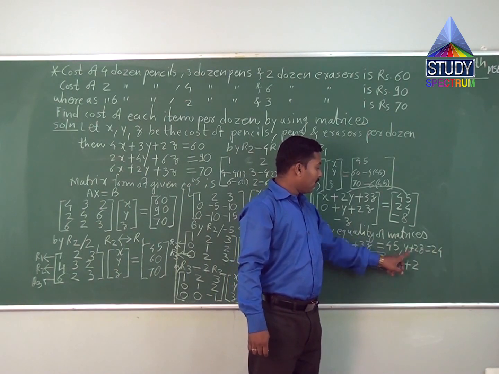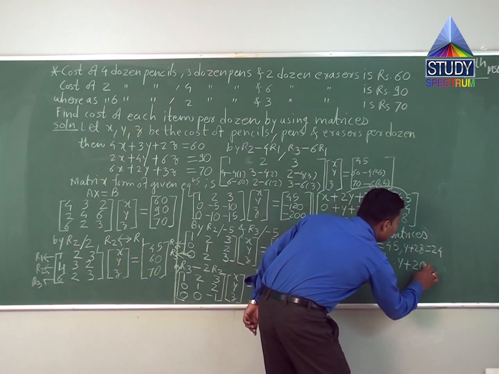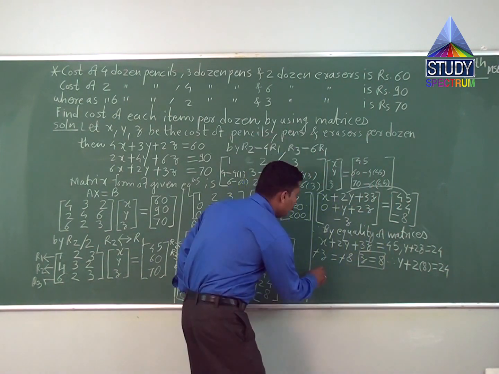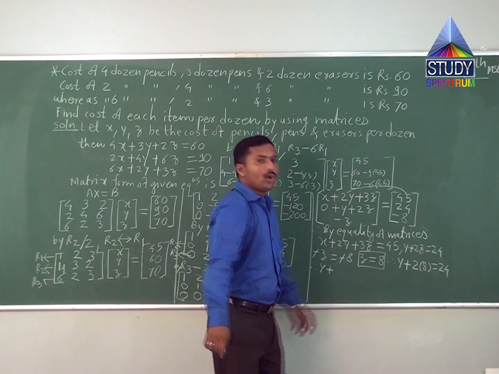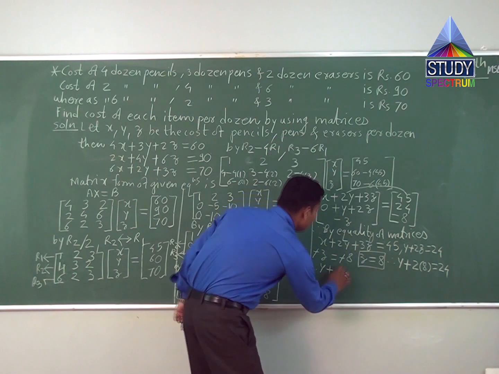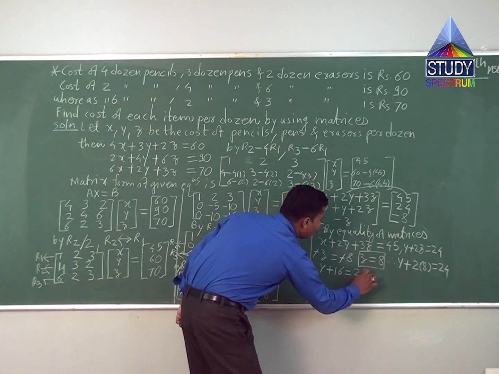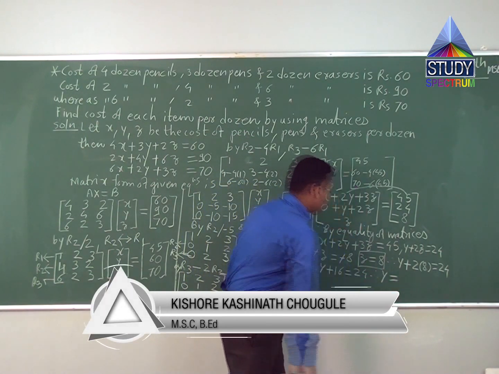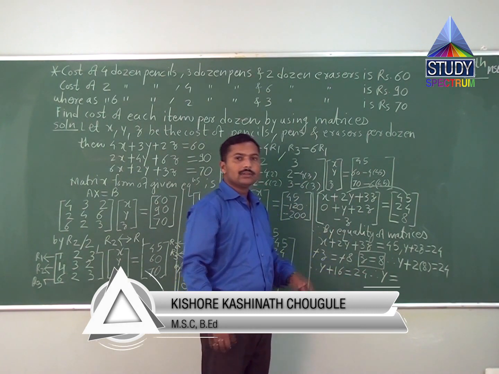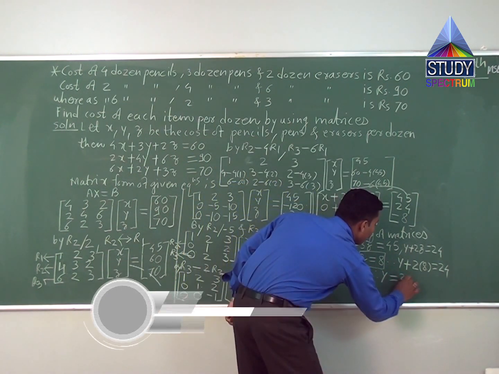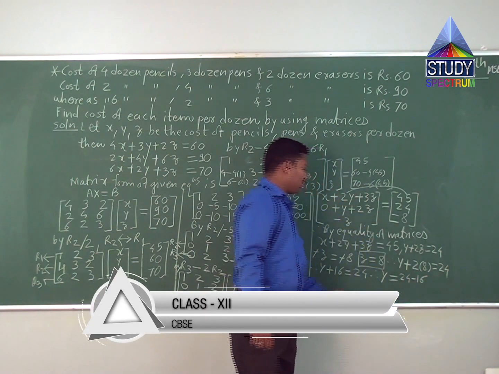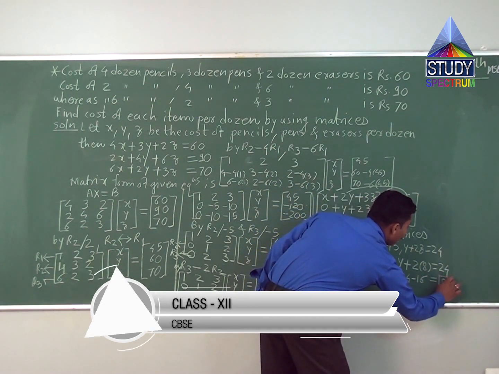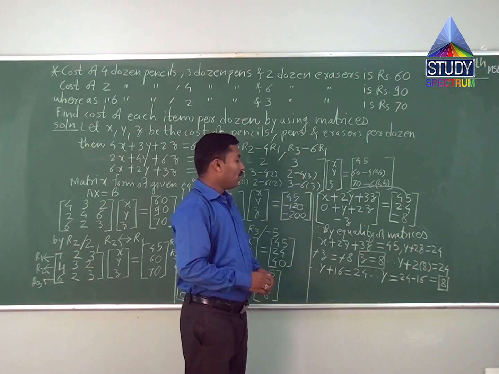So put z equal to 8 in this equation: y plus 2 into 8, 16, equals 24, and therefore y equals 24 minus 16. 24 minus 16 is 8. So the value of y is also 8.